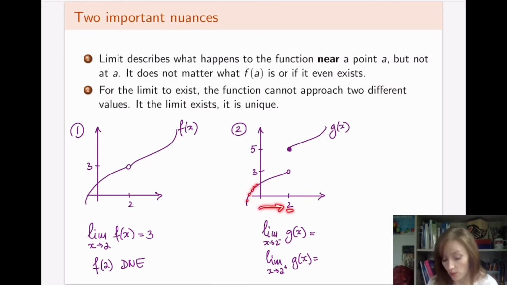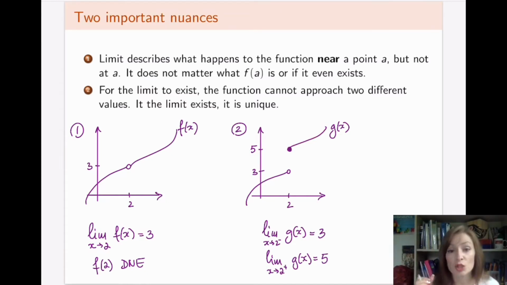So as I am walking along the graph from the left of 2, what y value is it approaching? Well, it's approaching 3 here, right? So this limit is equal to 3. As I'm approaching 2 from the right, I'm going to walk along my graph toward 2 from the right. What y value am I approaching? 5.